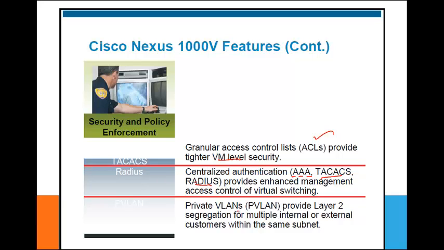Whatever you do on a physical switch is also possible now on a virtual switch. I can have private VLAN. You remember private VLANs? Promiscuous mode, community, isolated. That type of security we can also give now here in a virtual environment.